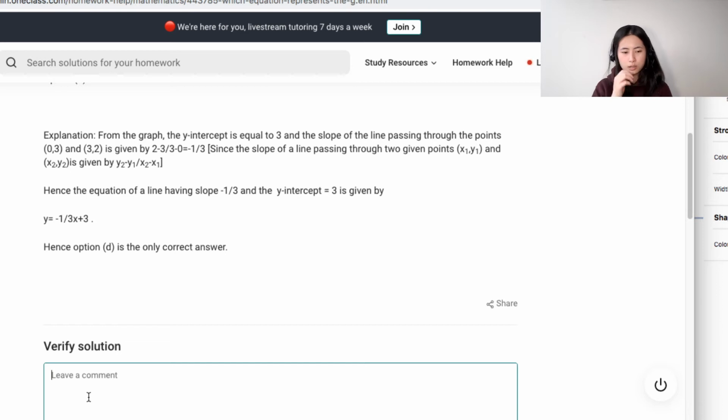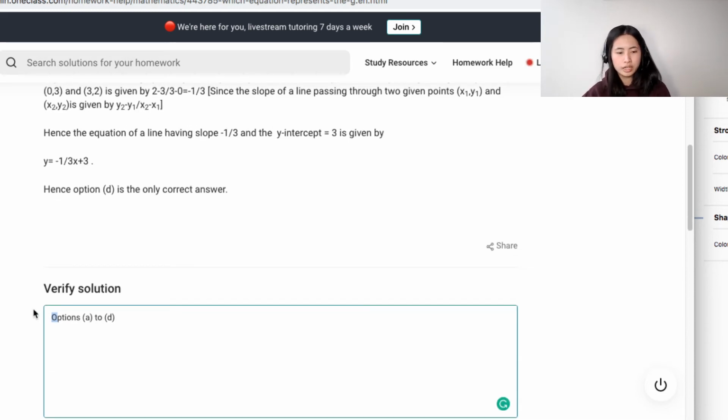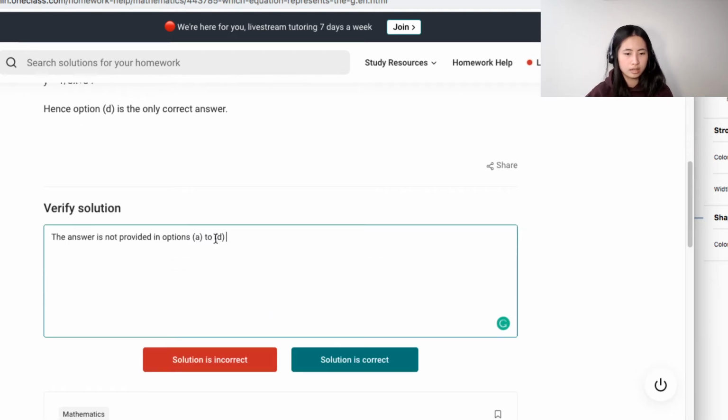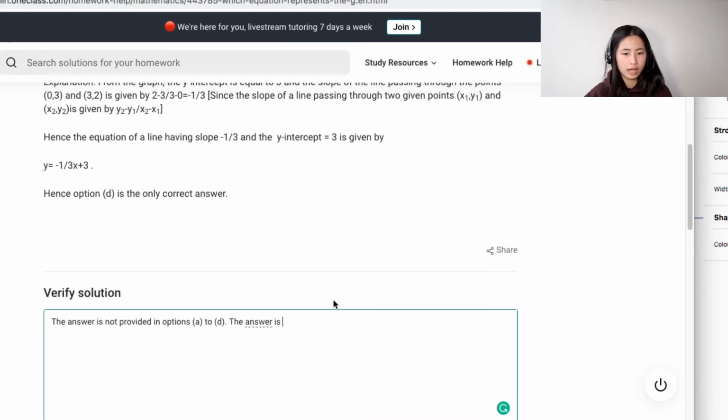Here's what we're going to say: the answer is not provided in options A to D. The answer is negative 1 over 3 x plus 3, which is equal to y.